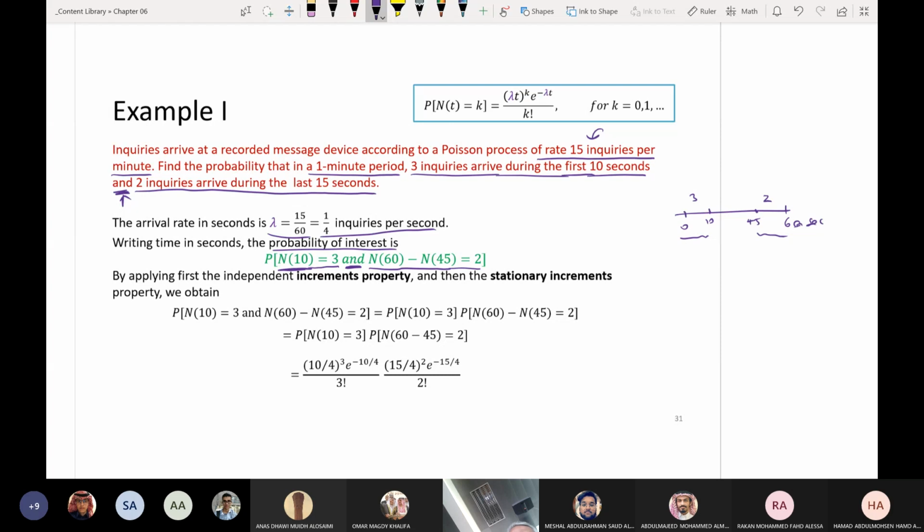This is what it means. You need to be able to translate the wording into math. We know that increments are independent. So what happens in the first 10 seconds has nothing to do with what happens within the last 15 minutes. They are independent.